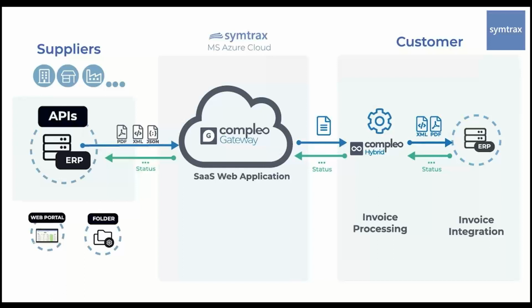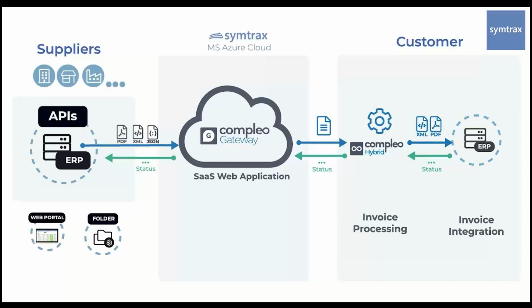And clearly in the middle, you can see the Compleo Gateway web application, which allows your supplier to seamlessly upload structured invoices into your AP process using Compleo Gateway, thus removing several bottlenecks within the workplace, as well as potentially reducing the amount of fraud exchanged around this process.